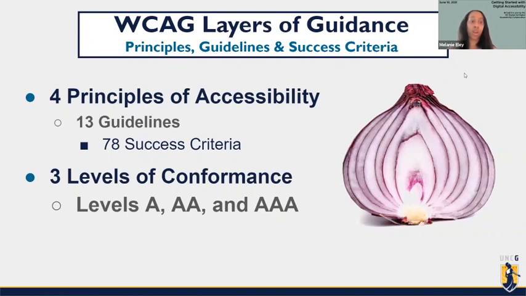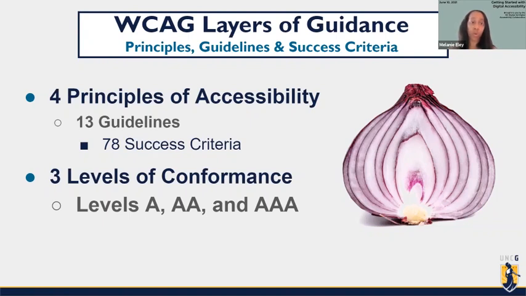Okay, so now we're going to move into talking about the different pieces of WCAG. And just like an onion, WCAG has several layers, and you can peel back those layers and you get more details, more information, and you're able to dig deeper into how WCAG is made up.